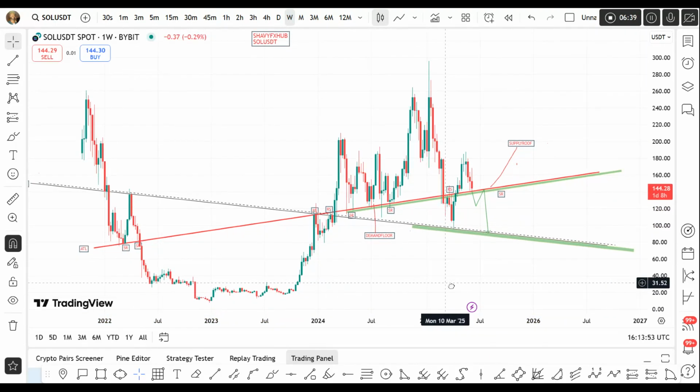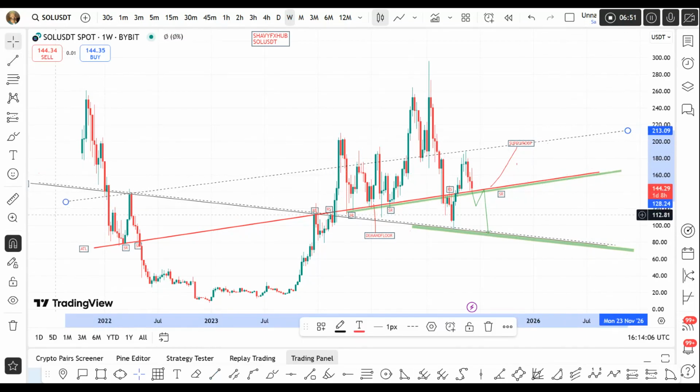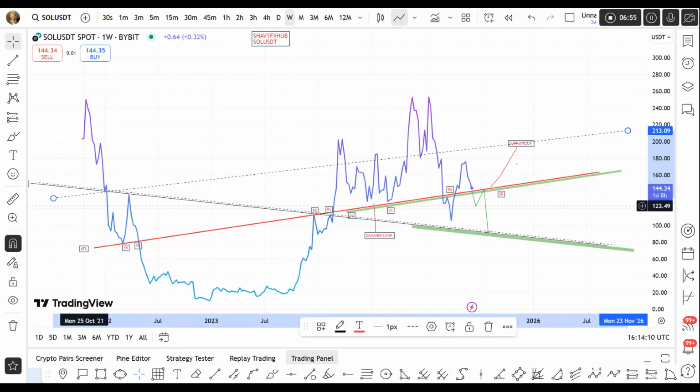So now we have another beautiful cross at this level. Very beautiful. You can see it on your line chart.